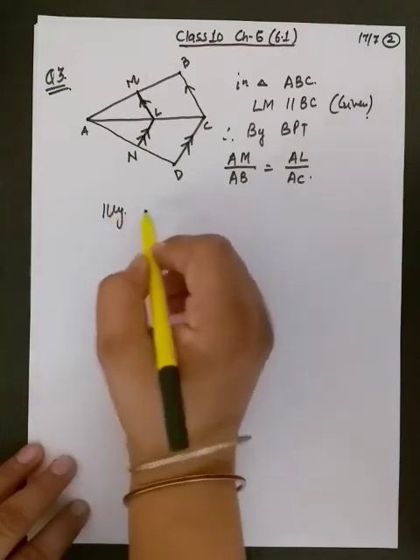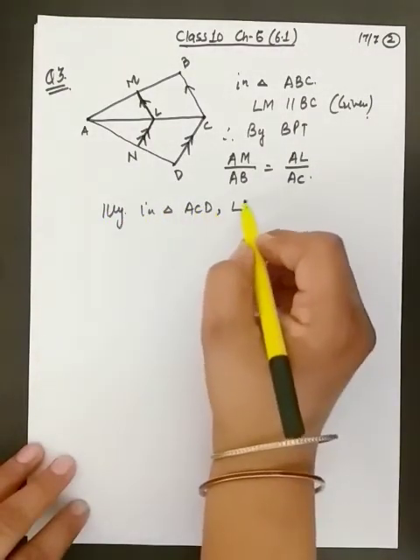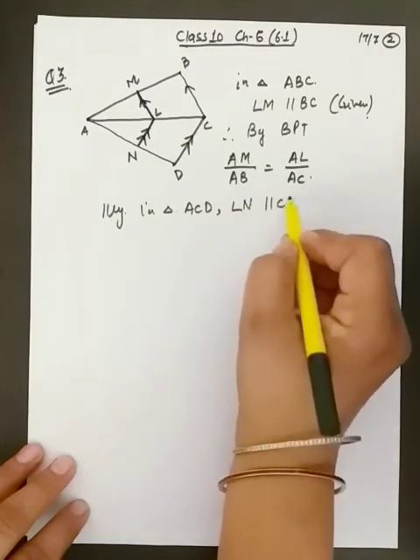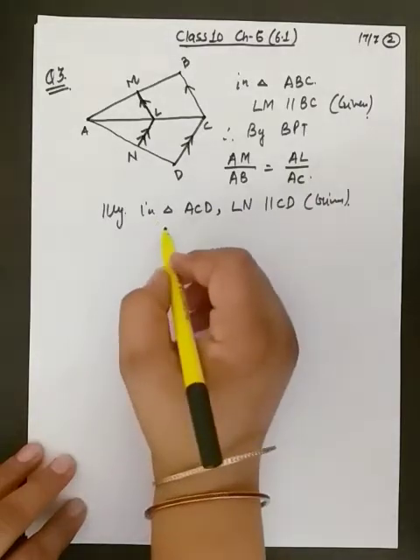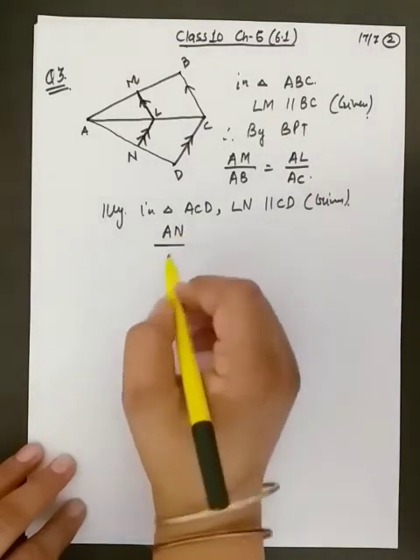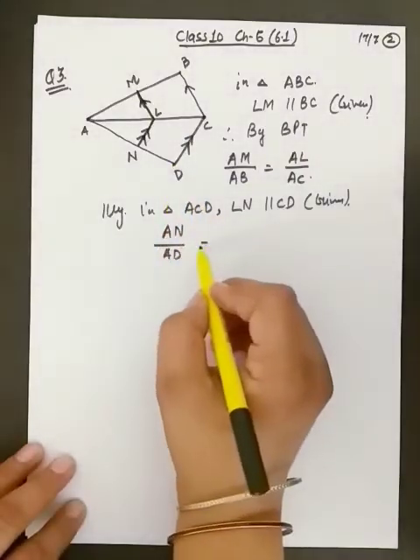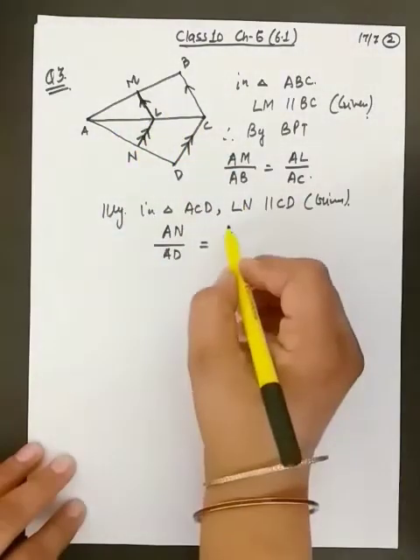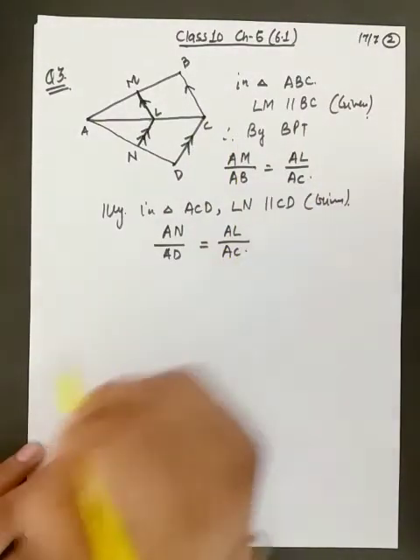Similarly, in triangle ACD, LN is parallel to CD. This is also given to you. So we can write AN/AD is equal to AL/AC, meaning the complete side.